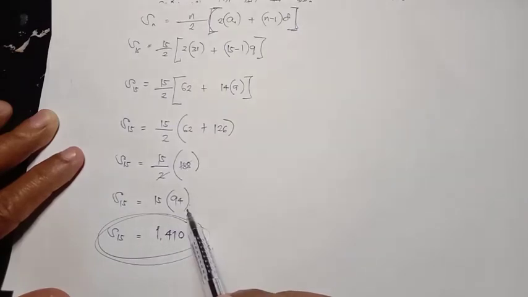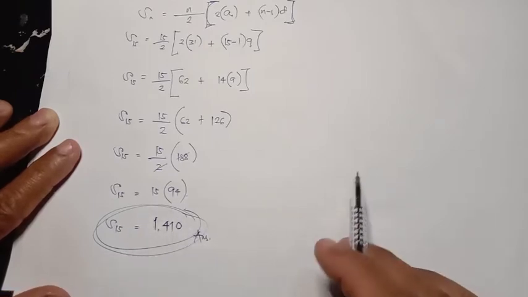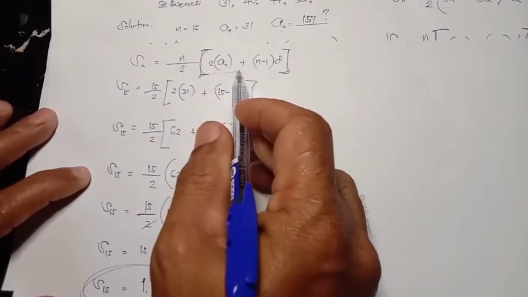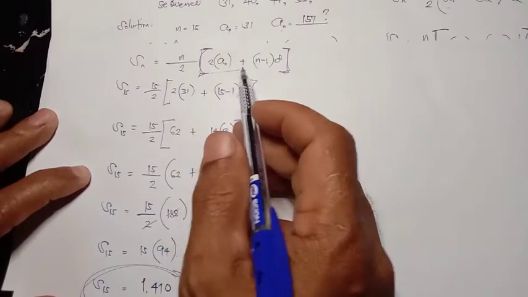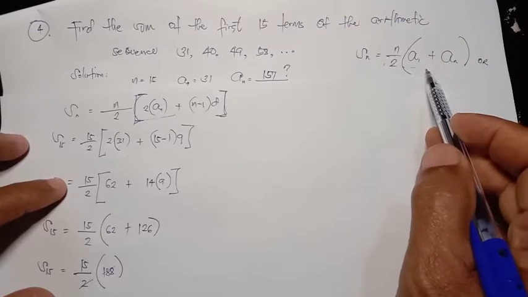Then, 15 times 94 is equals to 1,410. So, same lang naman ang makukuha natin using this formula or by this formula.